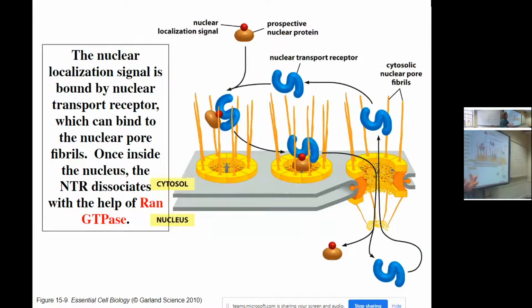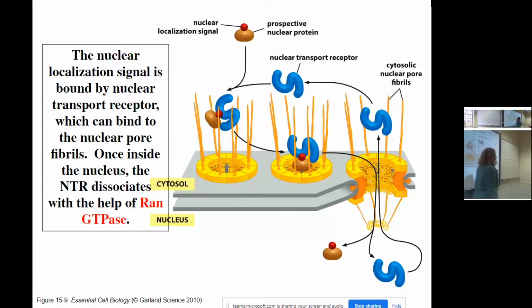And then the combo of the protein that's now made it to the nucleus and the nuclear transport receptor, they're going to go their separate ways. This one is going to go ahead and do its job in the nucleus. It's got to its place. It's delivered to the location. It's going to do its function.